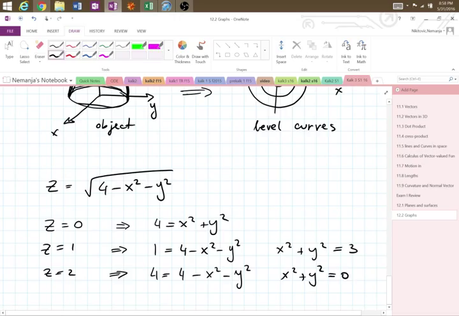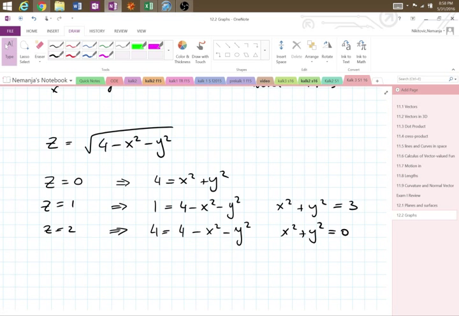And this is a point, so I only got 3. So you can do in between a half, 3 halves, and so on to get the other values. And that takes care of 12.2. After the break, 12.3.